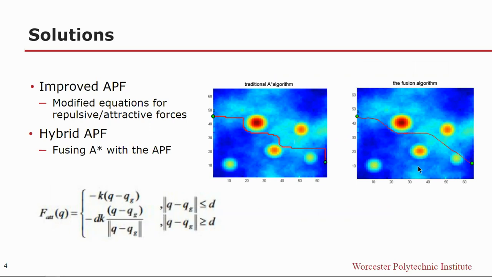Right, so after problem identification, the goal is now to have a better method or the upgraded version of the APF. One way to do it is using the hybrid approach, which means fusing the APF with other algorithms like BAS or A star. When we combine A star with APF, it generates a smooth curvature for the path as shown in the figure on the right hand side.